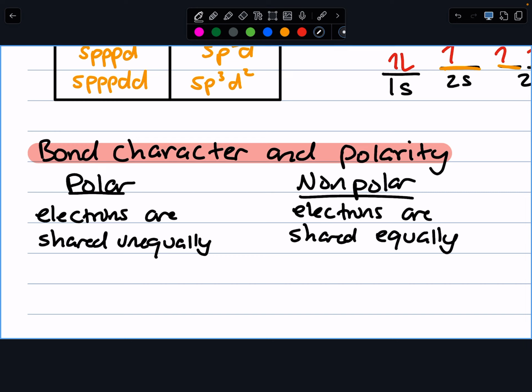Okay, think of it like this. Remember electronegativity? What does that mean? An atom's attraction to other atoms. So if I have a very high electronegativity like fluorine, I am super attracted to electrons. Let's say me and Sebastian are sharing electrons. This is a bond.